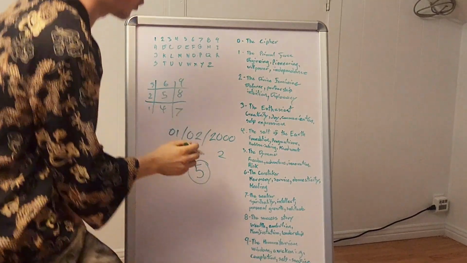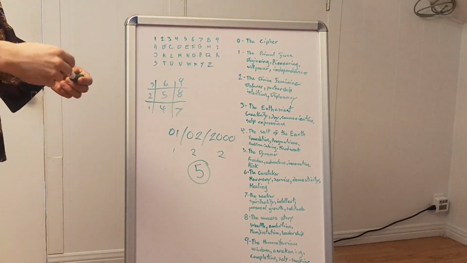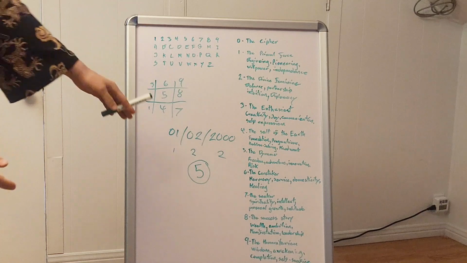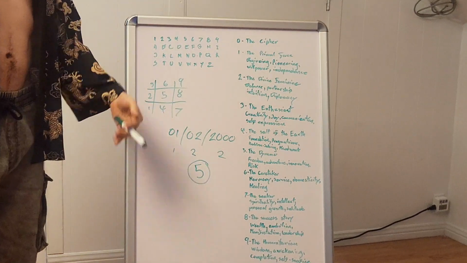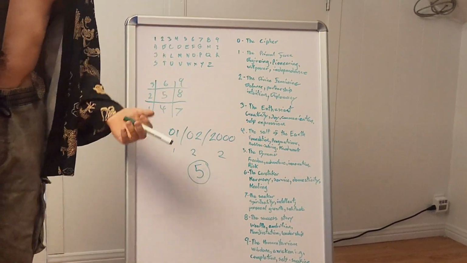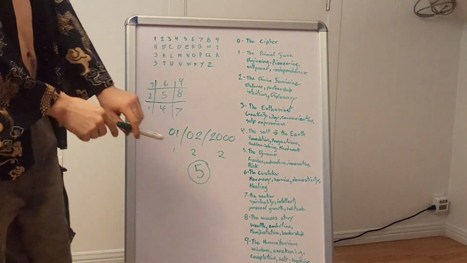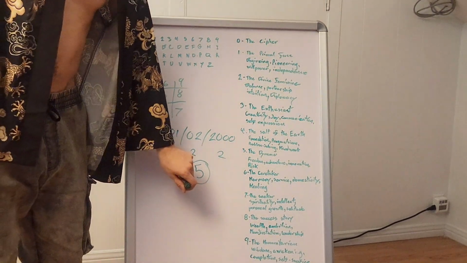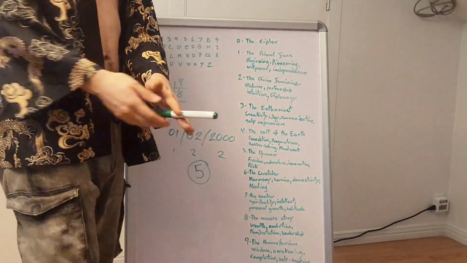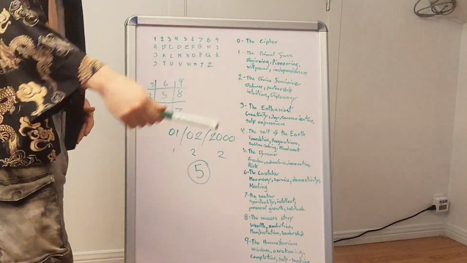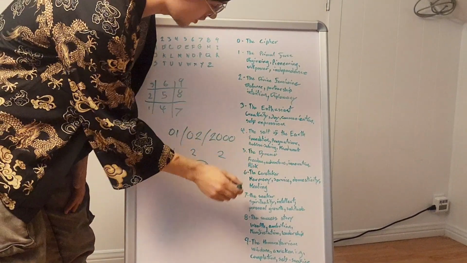Your number right over there is the major number that you will be. Simple enough, this is your life challenge. If you don't believe me, just do your birth chart and look at one of these aspects.